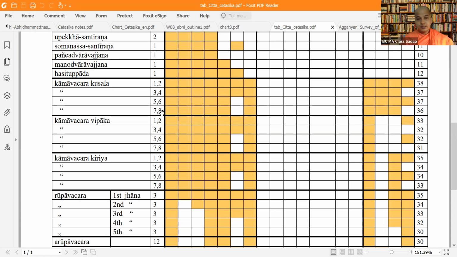In the next 2 types of chittas, Piti is not present. So therefore you have 37 again. And in the next 2 types, Piti and Panya both are not present. So it becomes 36.